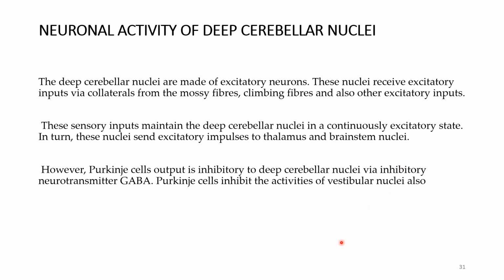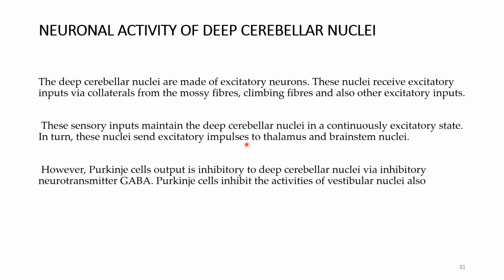Next, coming to neuronal activity of the deep cerebellar nuclei. The deep cerebellar nuclei have excitatory neurons. These nuclei receive inputs via collaterals from the climbing fibers, mossy fibers and other inputs.